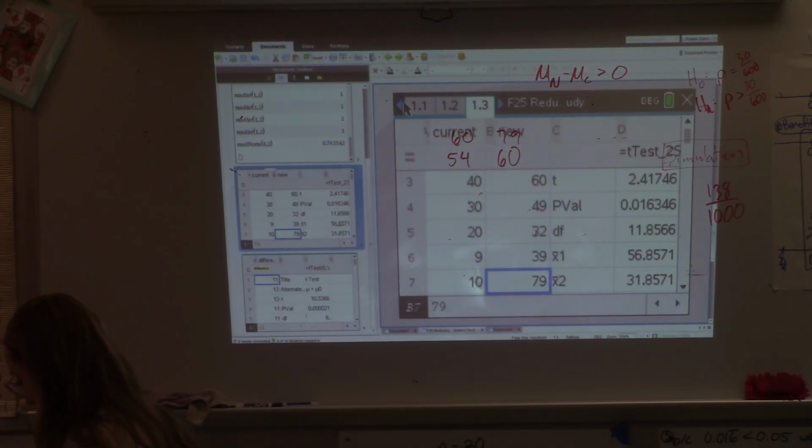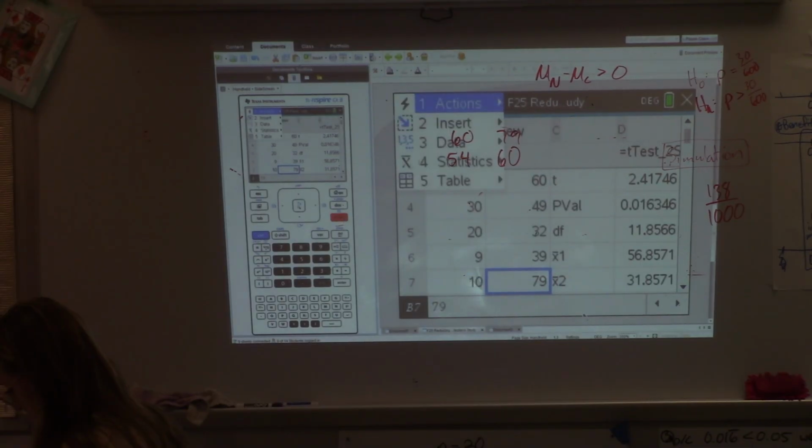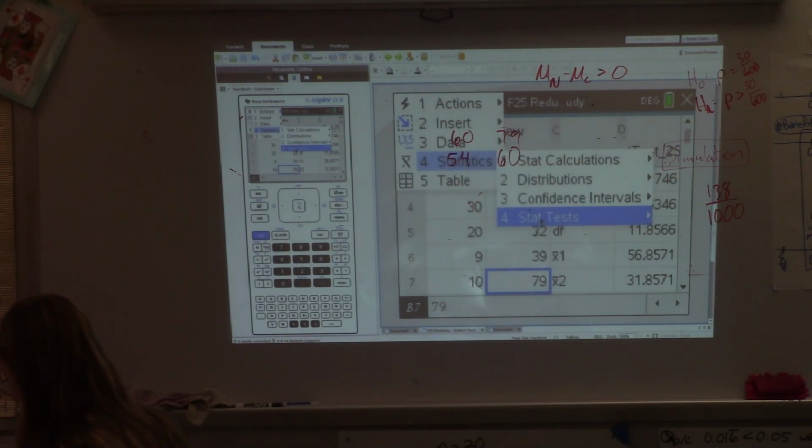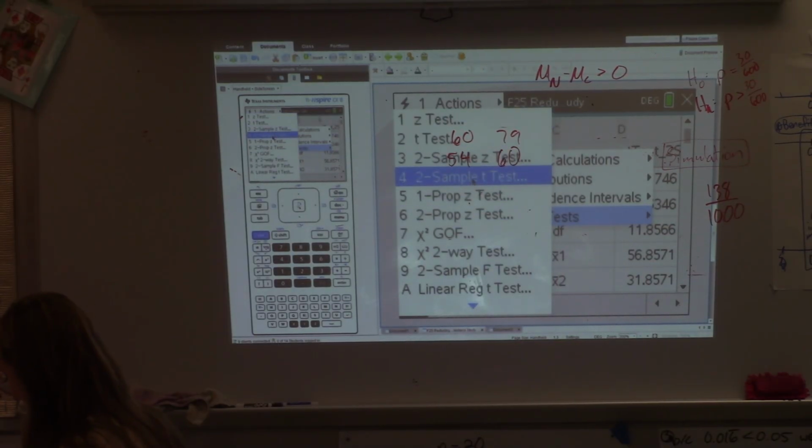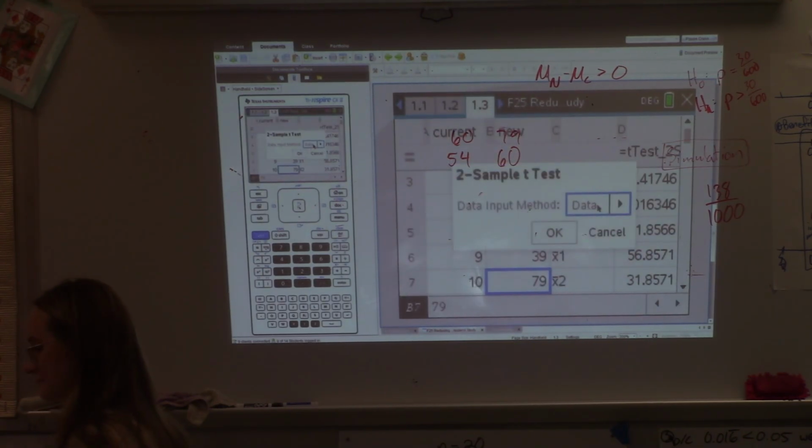So guys, I'll go back through this up here if you're still a little lost. Menu, statistics, stat test, and do a 2-sample t-test. Please notice we have 2 samples, so we need a 2-sample t-test. We have raw data, so we can put data in there. What's up, Talib?